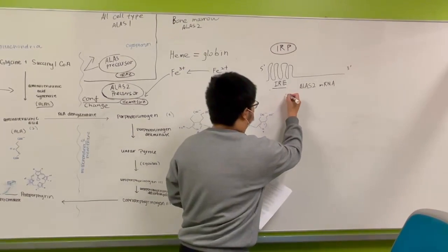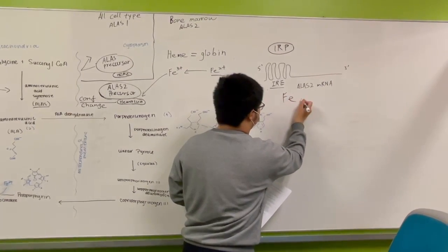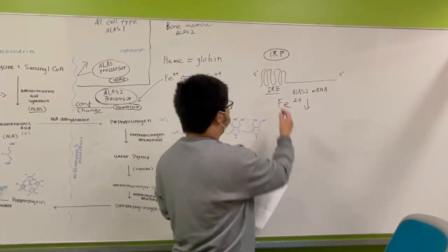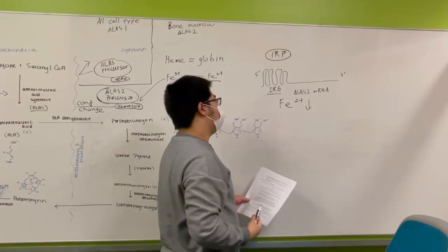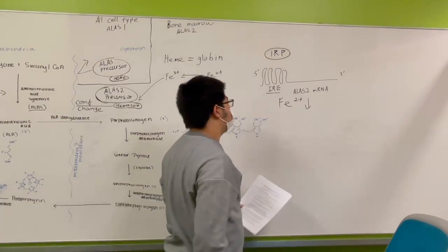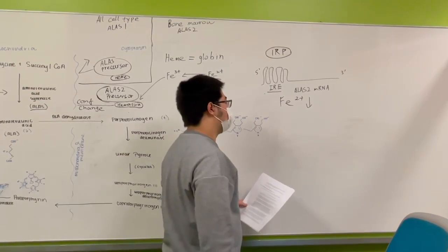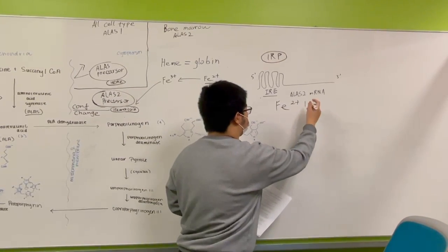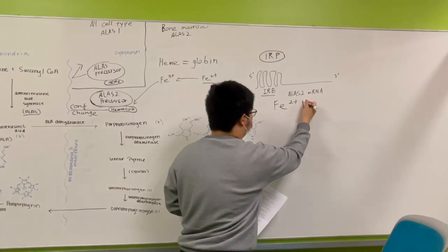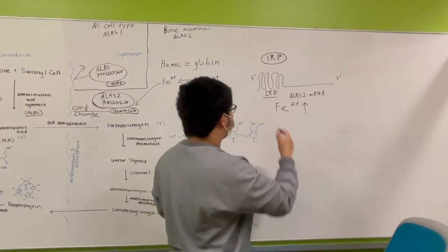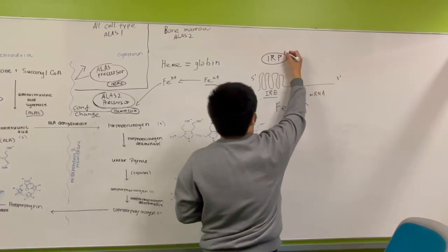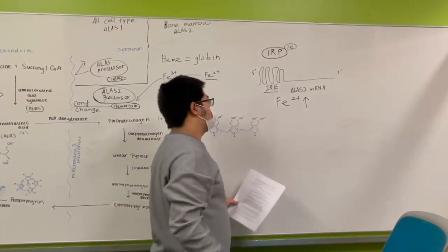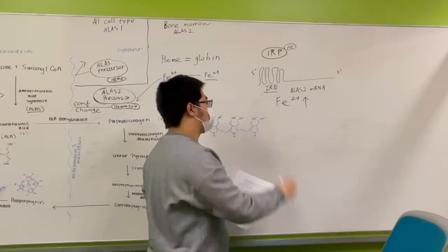When the iron concentration in our body is low, IRP will bind to IRE, which blocks the translation of ALAS2 mRNA. When the iron concentration in our body is high, IRP will bind to iron and release IRE to let the translation proceed.